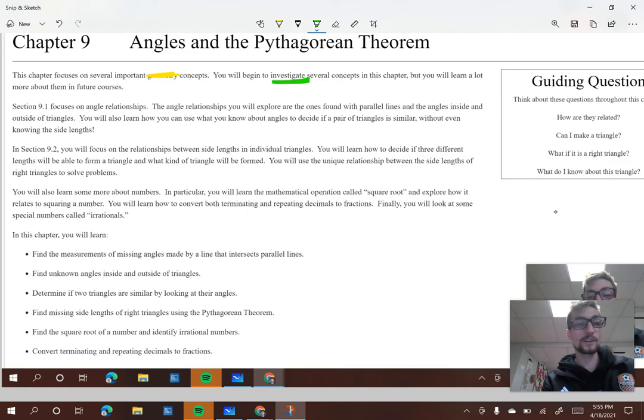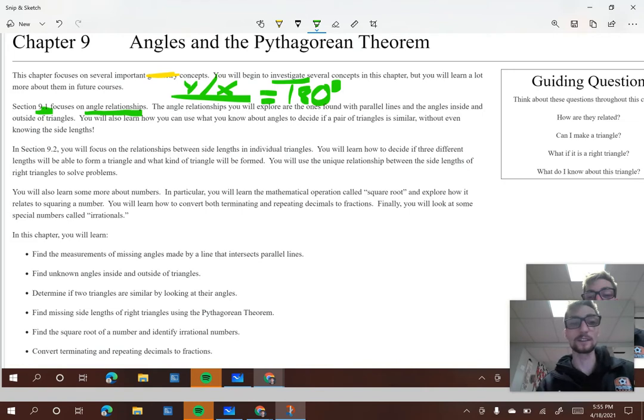We're going to start off here with chapter 9.1, and this focuses on angle relationships. Maybe it's like, how is this angle here, x, related to this angle here, y? Well, we know that they are a straight line, meaning they add up to 180 degrees. That's just an example of one angle relationship we might see.